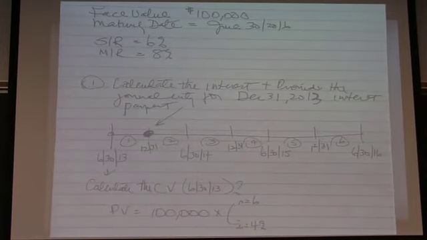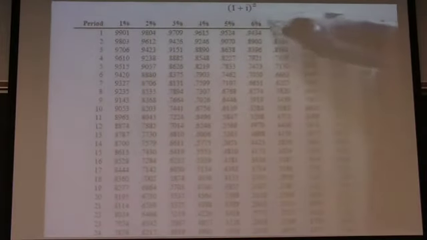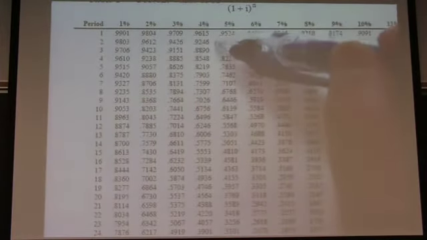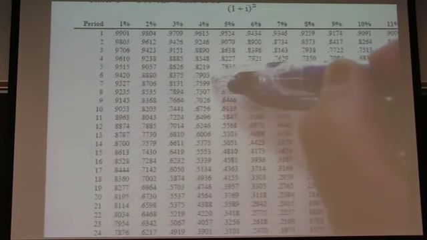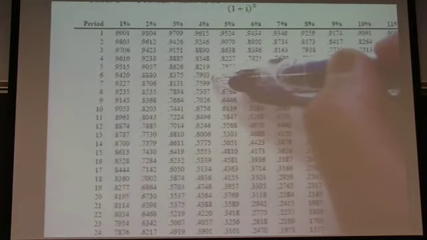So I'm going to take the present value of 100,000 with n equals 6, i equals 4%. Let me make this bigger. With i equals 4%, n equals 6, it should be 0.7903.